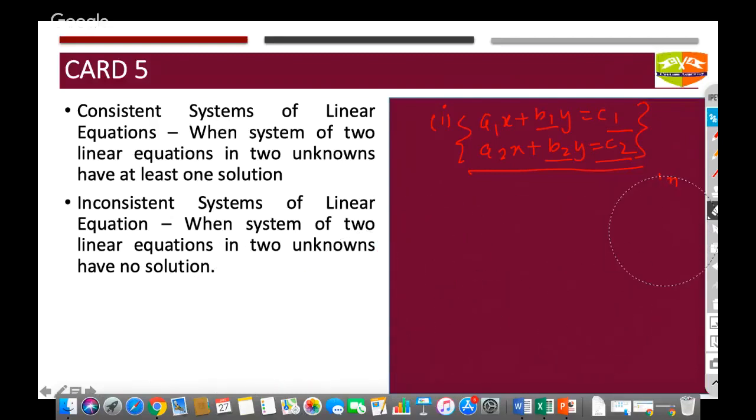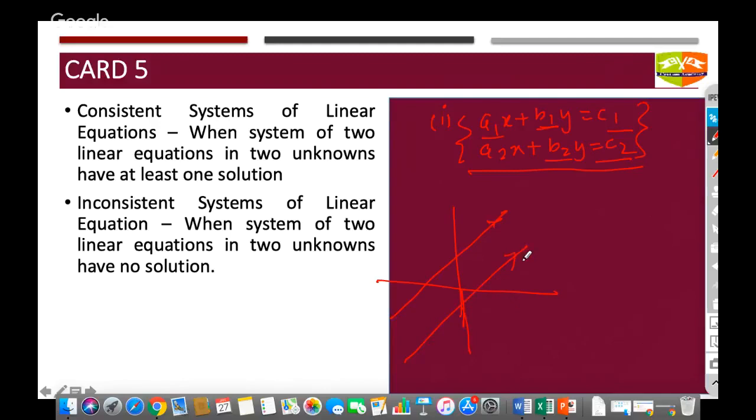The equation of a line is given by a1x plus b1y plus c1 is equal to 0. So any linear equation represents in coordinate geometry a line, something like this, for example.